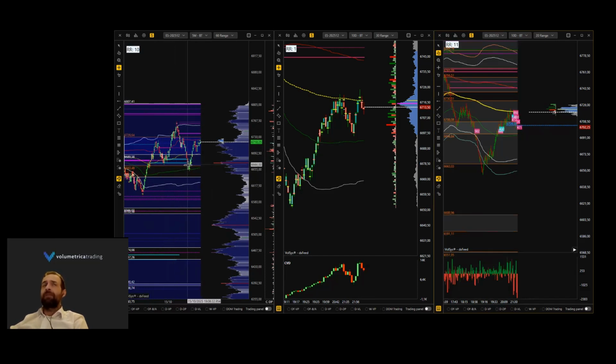Now, this level not only acted as support, but it worked more than excellently as support, because not only did the static level of 6,660 pass through here, but just below it was also the VWAP-1 of the week.